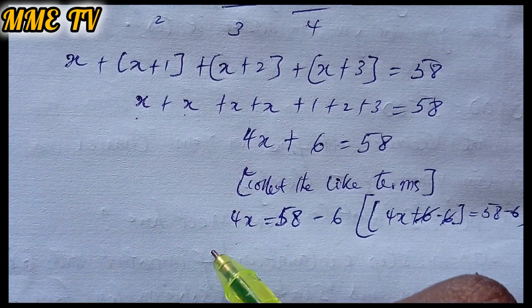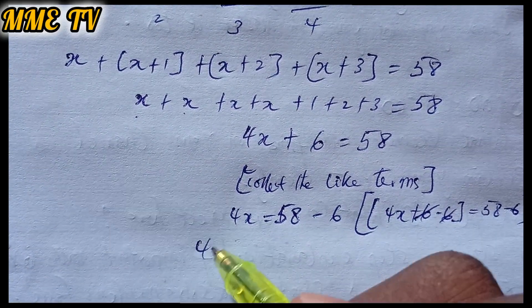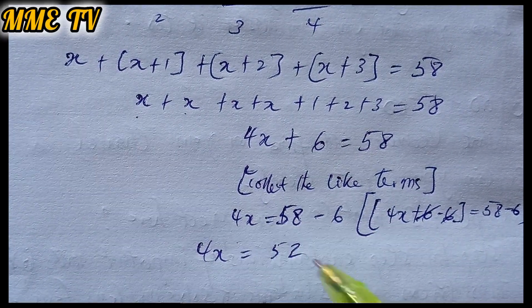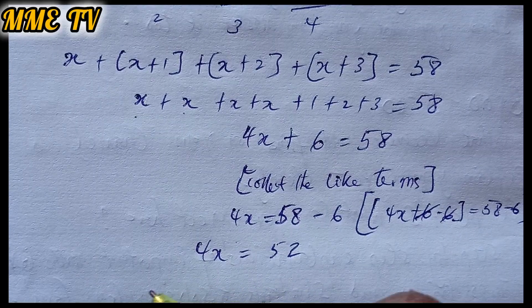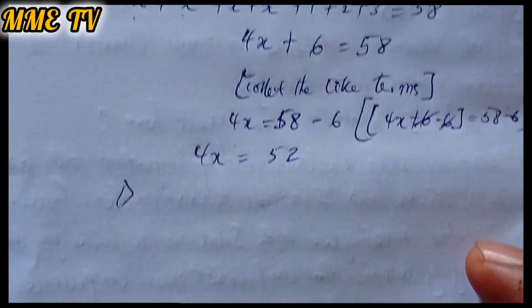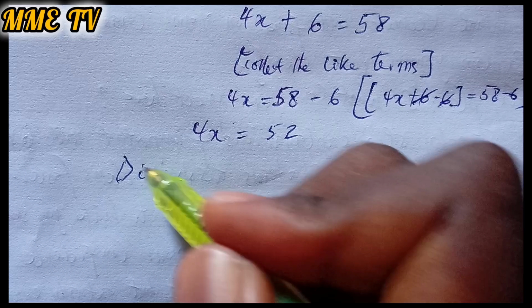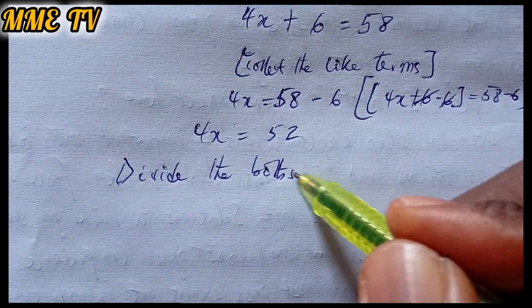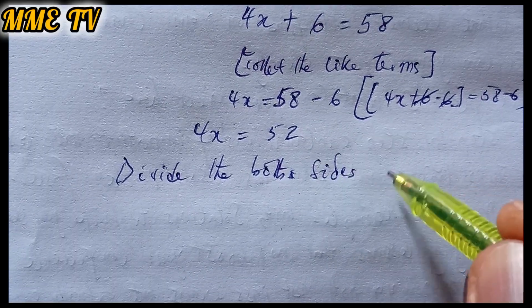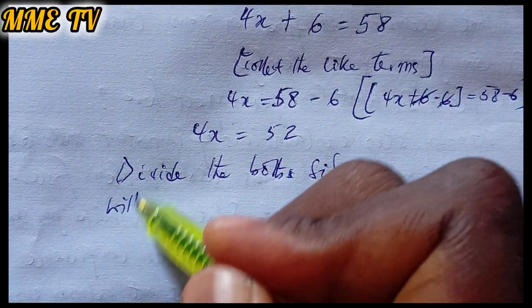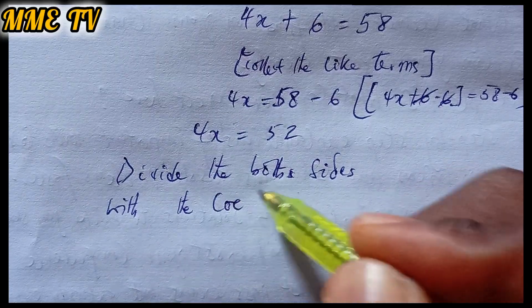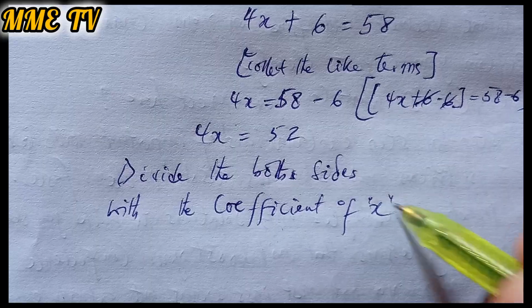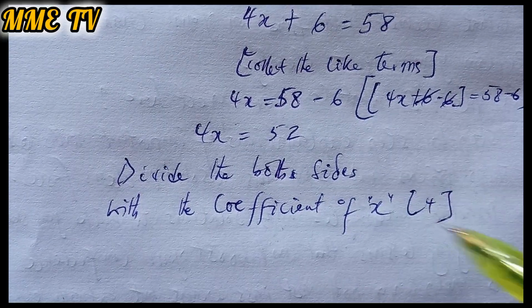So what do I do now? I will say 4x is equal to 58 minus 6, which will give us 52, right? Then you will now say, let us divide both sides by the coefficient of x. And what is the coefficient of x? 4.